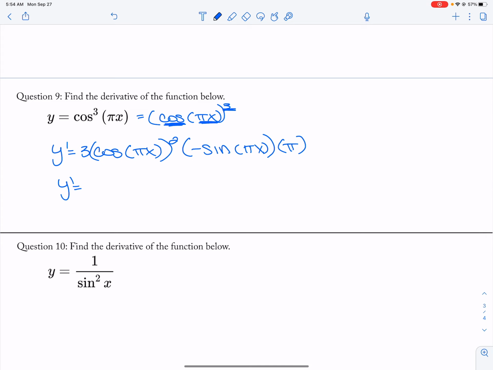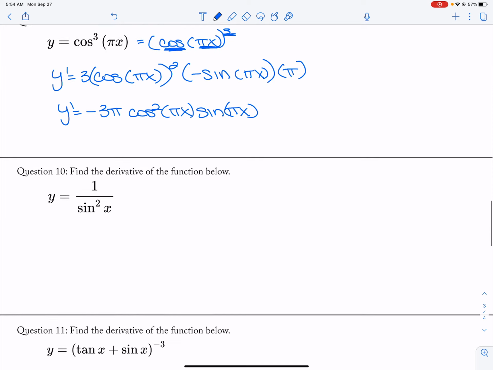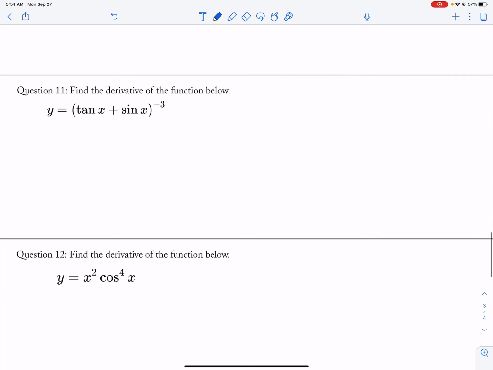So y prime is negative 3 pi cosine squared of pi x times sine of pi x. And then y prime here is negative 3 tangent of x plus sine of x to the negative 4th power times secant squared of x plus cosine of x.